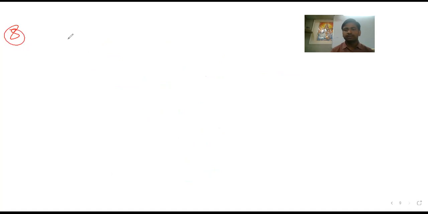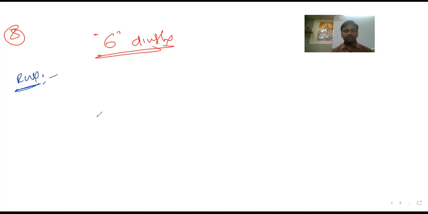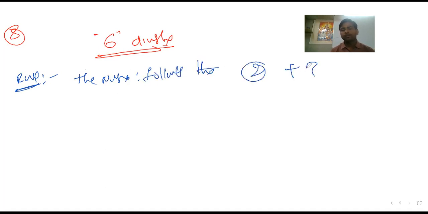What we missed, we are missing the 6th: the divisibility rule of 6. It's very simple. The rule is very important from now onwards. The divisibility rule of 6 means the number must follow the divisibility rules of 2 plus 3.